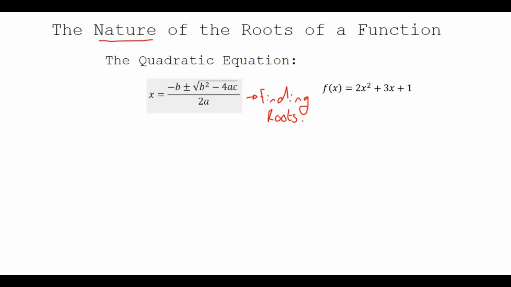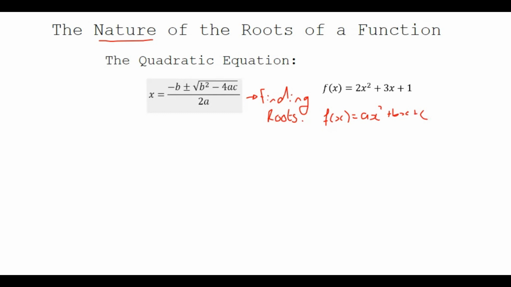So let's say we have f of x, which now just jumped onto the screen. If you remember, in grade 10, we introduced the quadratic function in standard form as ax squared plus bx plus c. And here we see those letters are repeated. Fantastic.